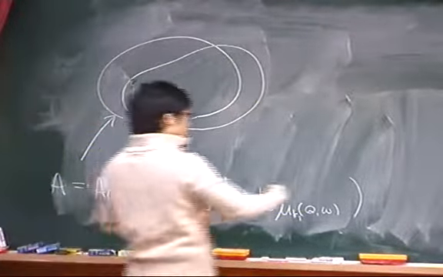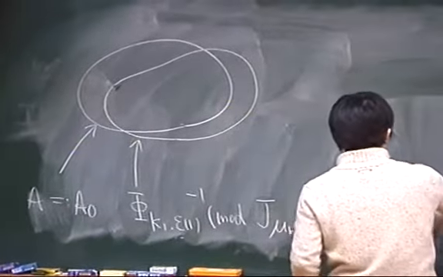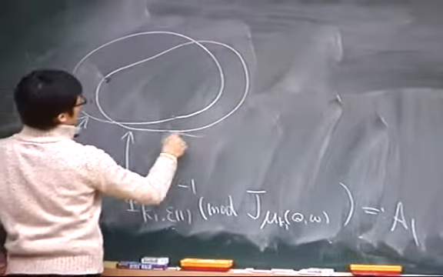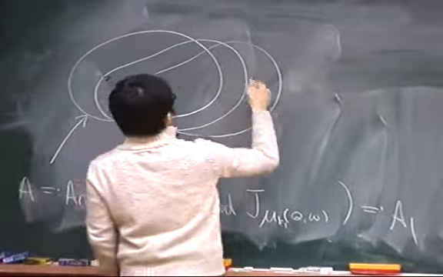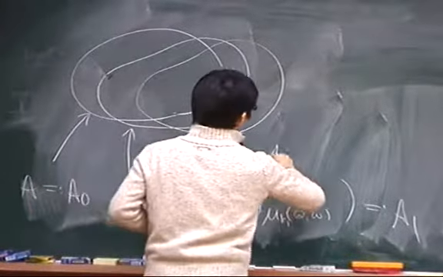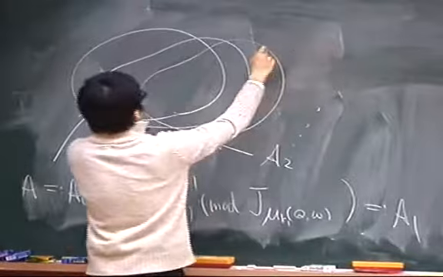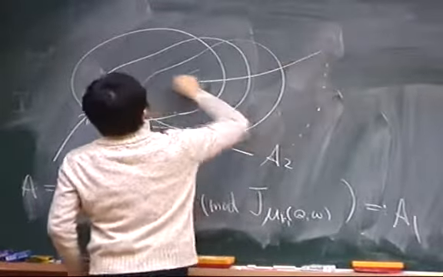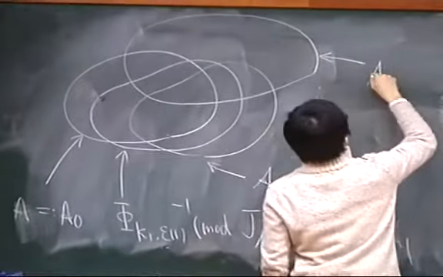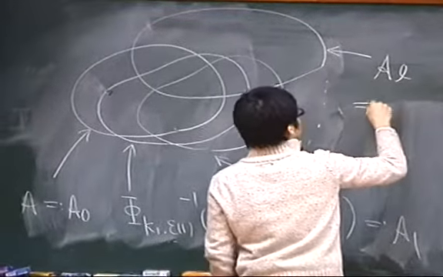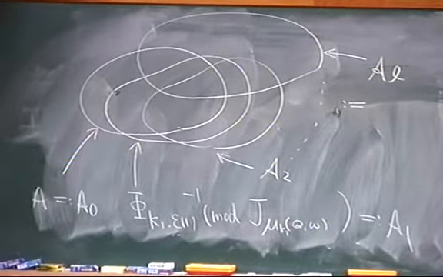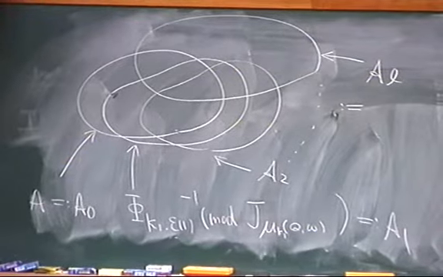So for simplicity, let this be A1, and applying the same procedure successively, let this be A2, and so on. And finally, we get AL. This is by definition the pullback of the canonical t-structure on this side under this equivalence.